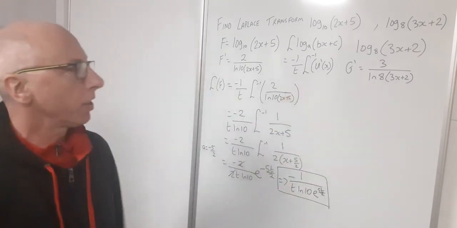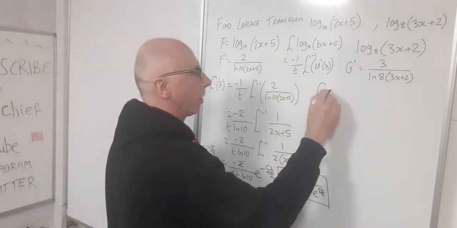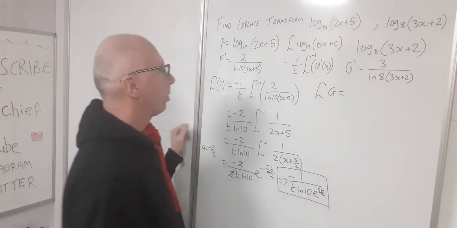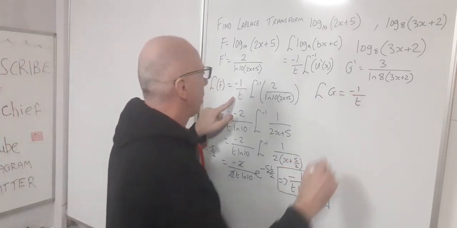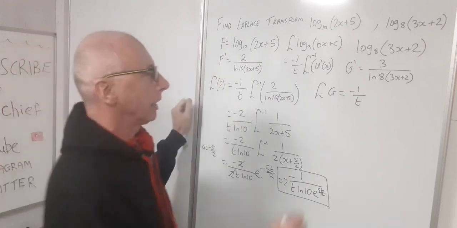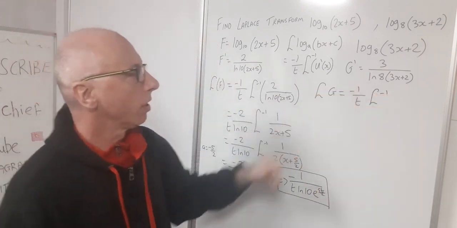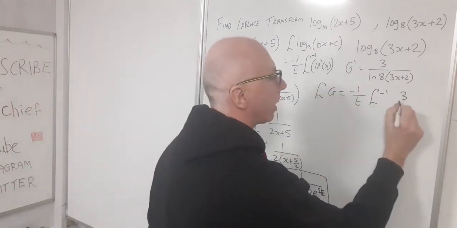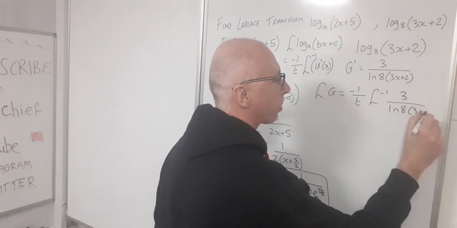So now onto my generic formula using my g. Laplace of g equals minus 1 over t times the inverse Laplace of my derivative. So now here we've got 3 over ln 8 times 3x plus 2.